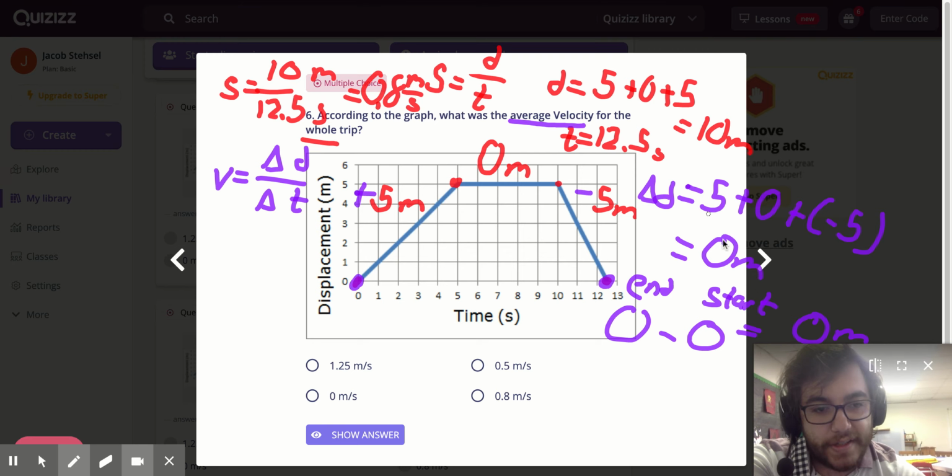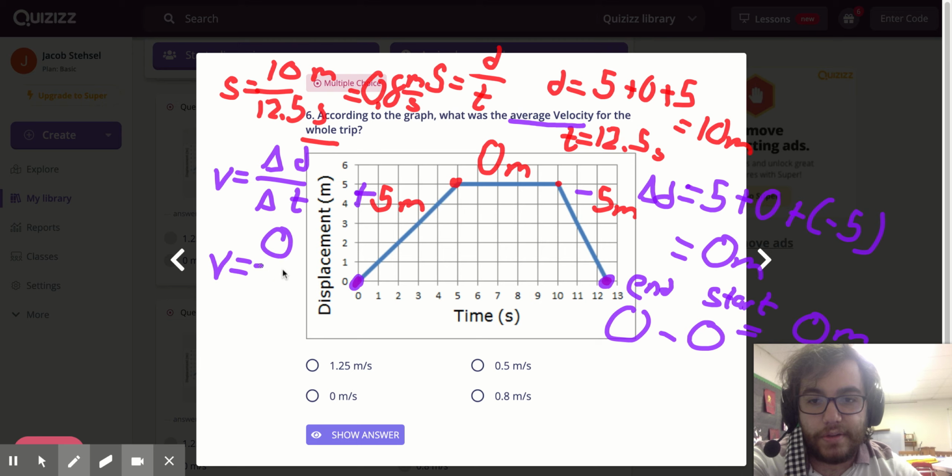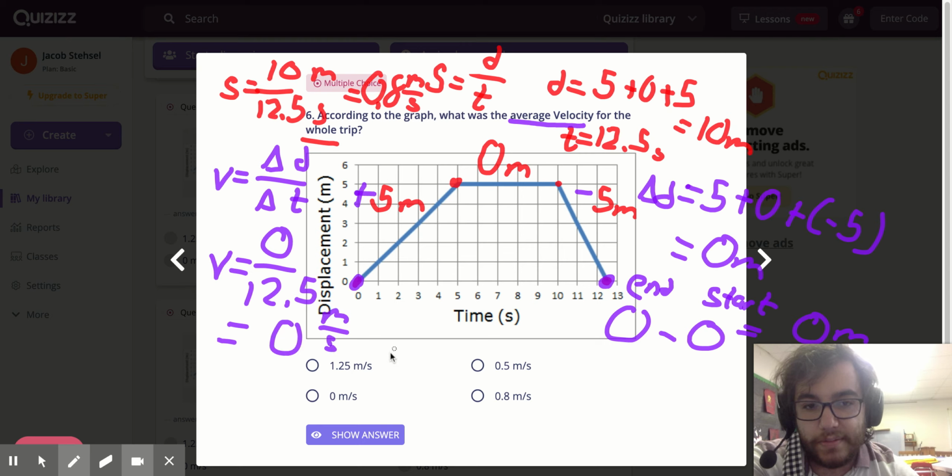They both are the exact same number. They're just two different ways of solving it. I personally like this method more because it's basically a guarantee of getting it. So 0 divided by 12.5, and you get your answer of 0 meters per second.